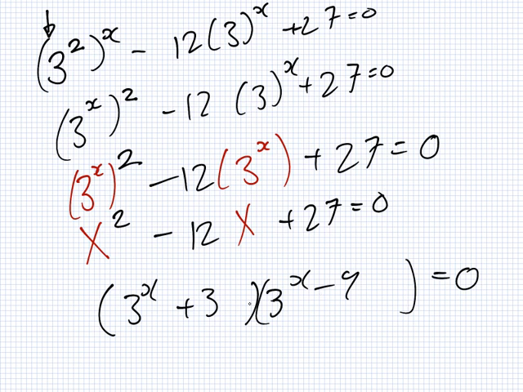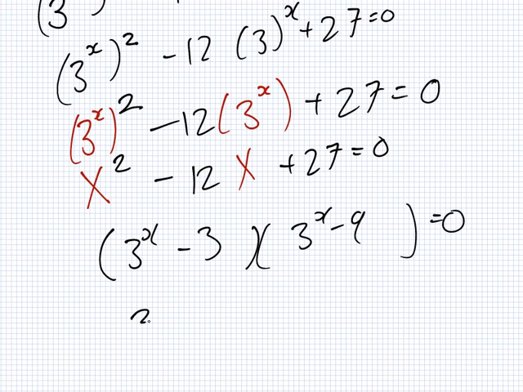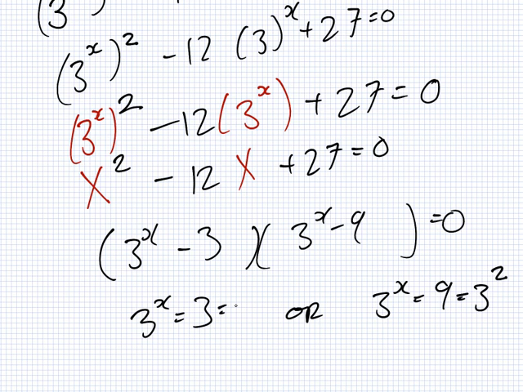So 3^x minus 3 and 3^x minus 9 are the two factors. So we get 3^x equals 3, or 3^x equals 9, which equals 3 squared. So x equals 1, or 2.